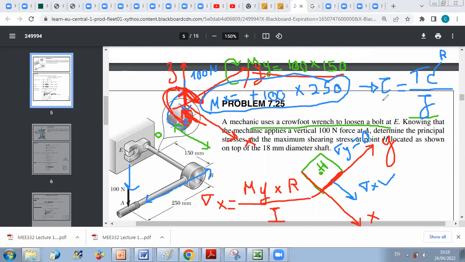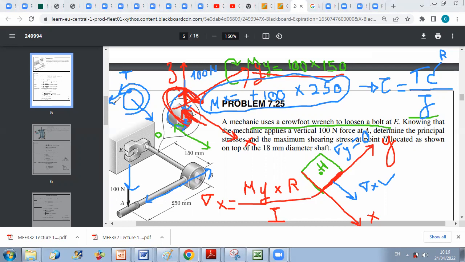Okay, so now we can say that because of the torsional moment, if I take the section and look at the torsional moment, we have seen that the torsional moment is along the positive x-axis. The torsional moment will lead to this torsion, and this torsion will create shear at this level in this direction.